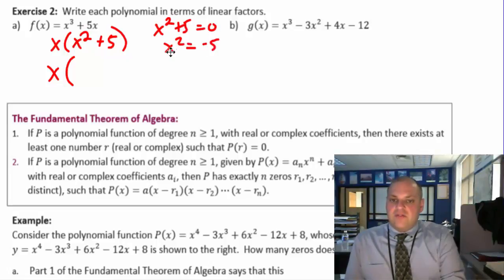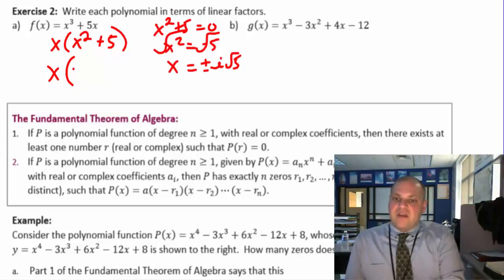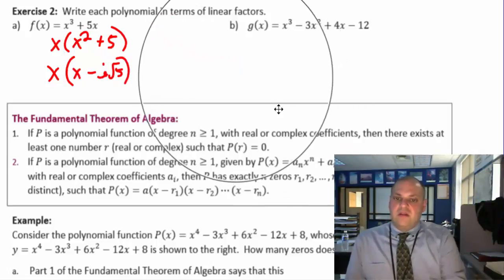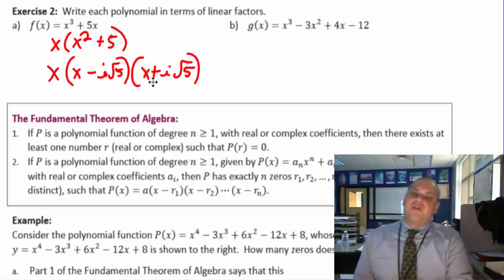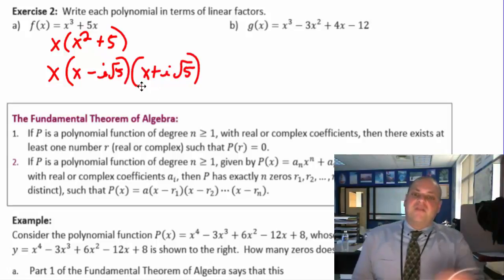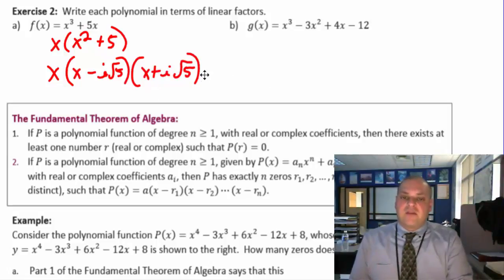X squared equals negative 5, so x equals plus or minus i radical 5. All right, so I have x minus i radical 5 and x minus negative i radical 5, so that's going to be x plus i radical 5. So there we go.